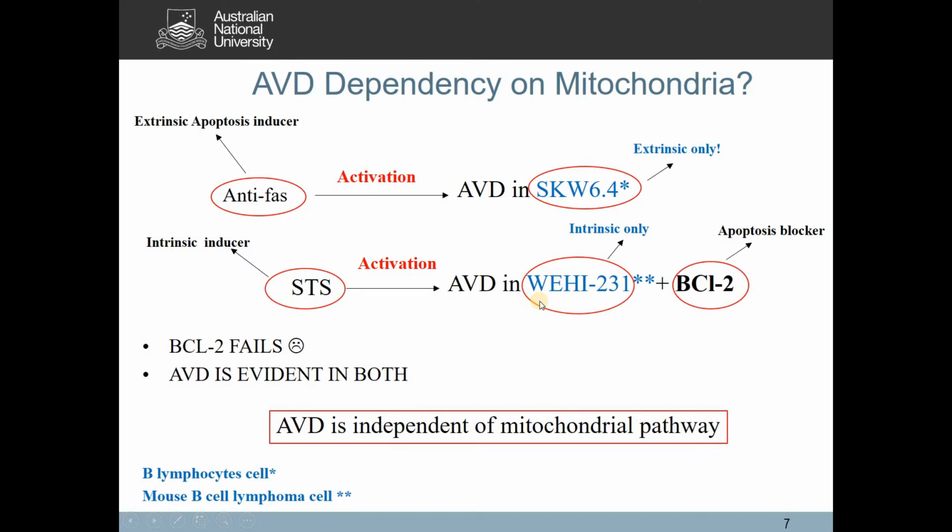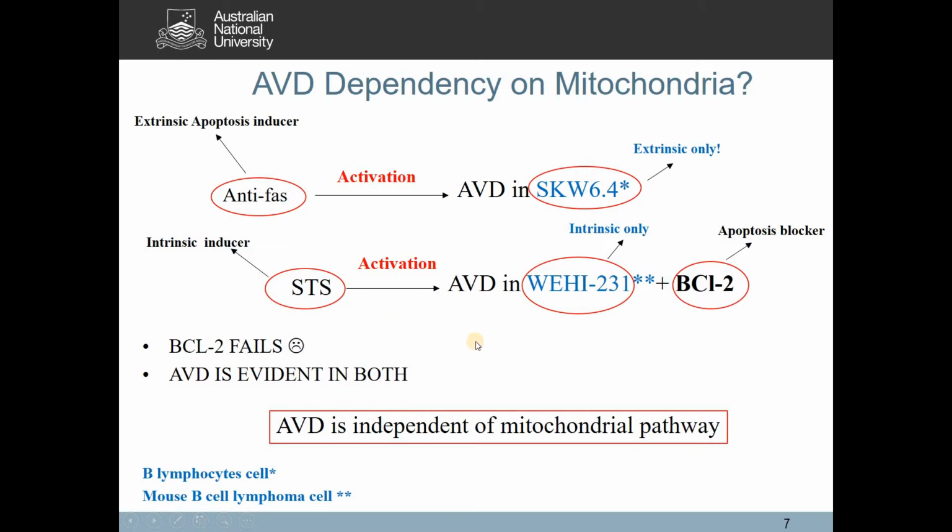In the experiments, for example, we want to minimize the effect of going through the extrinsic pathway, because what I didn't show is that the intrinsic and extrinsic pathways are related to each other. In a non-specific cell, if you induce the intrinsic pathway, it can go to the extrinsic pathway as well.